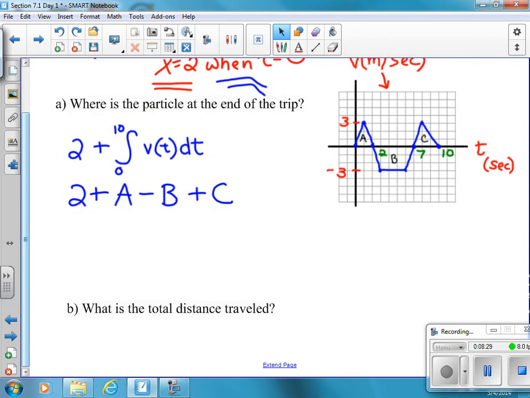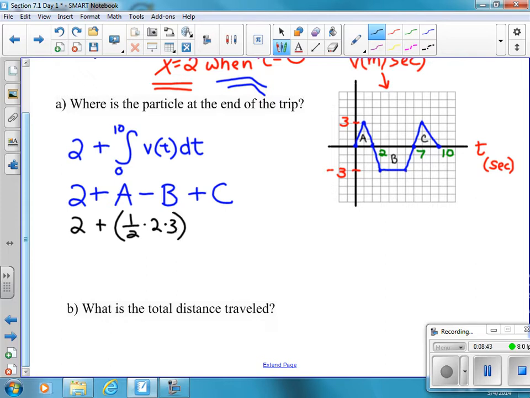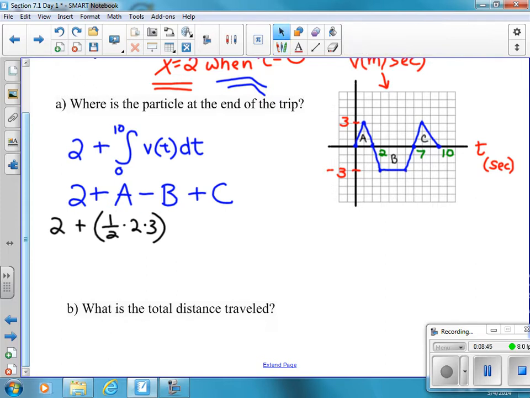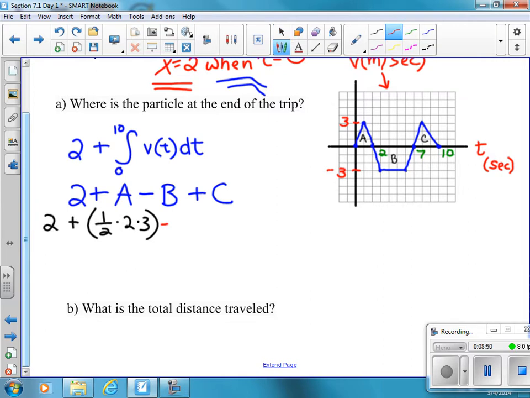So let's look at and evaluate what those are. We have 2, we have the area of A, which is 1/2 base times height. The base looks like 2, the height is 3, so that's A. B is the area of a trapezoid: 1/2, 5 plus 3 are the 2 bases, and 3 is the height.